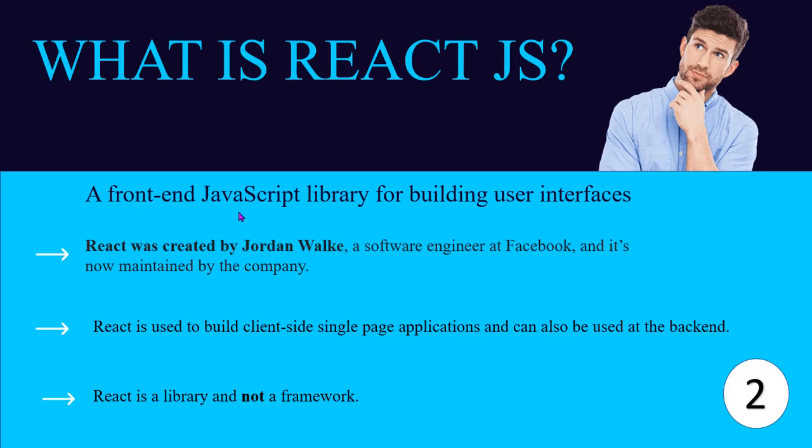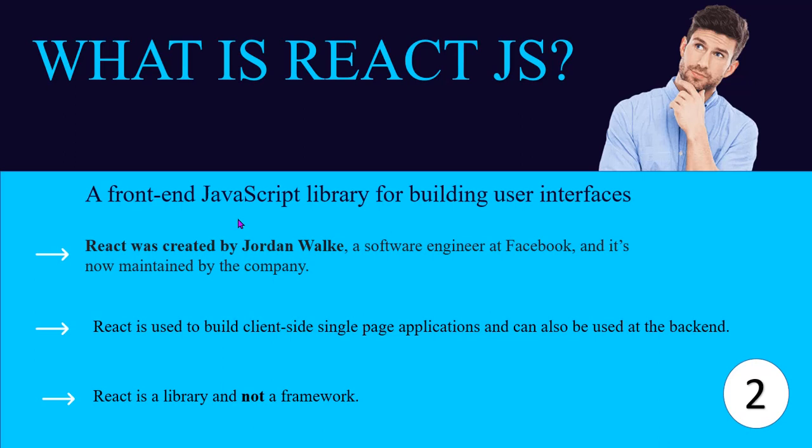Why? Because React.js is an unopinionated library, simply because React.js gives developers the flexibility to make a lot of decisions. It gives them the chance to decide what to use and what not to use.